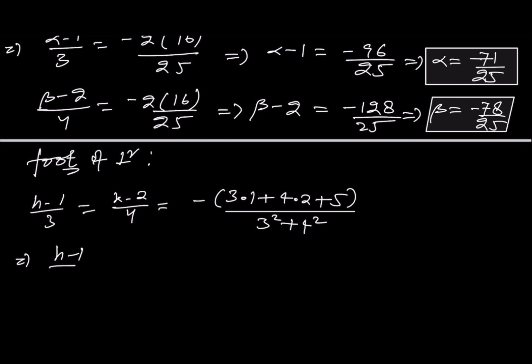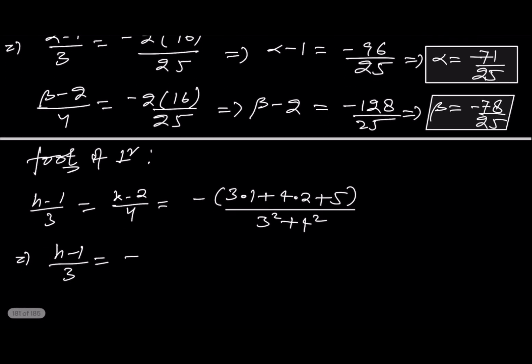So (h minus 1) by 3 is equal to minus 16 upon 25, or h is equal to minus 48 by 25 plus 1.